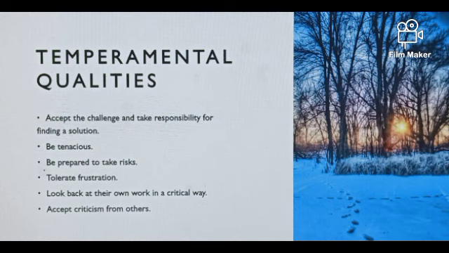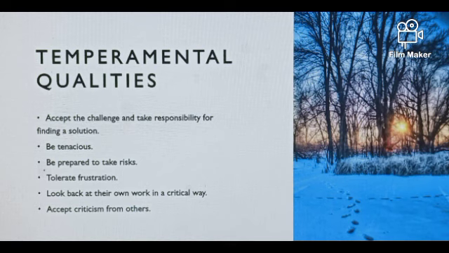Some temperamental qualities needed for problem solving require students to: number one, accept the challenge and take responsibility for finding a solution. Problem solving requires students to be tenacious, that is, to be firm and strong.